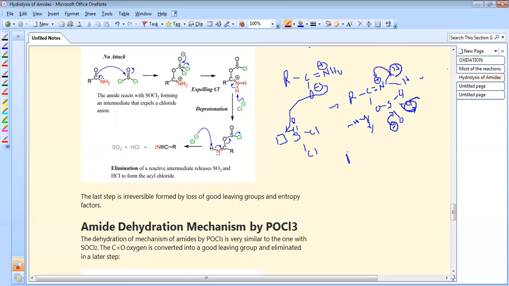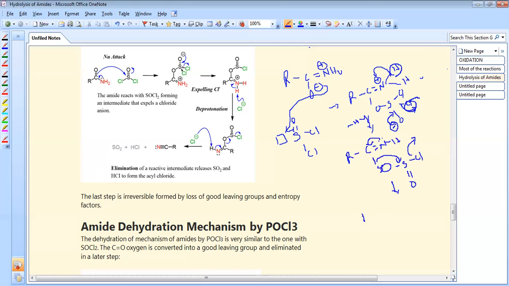Thereby we get R C double bond N H, and this oxygen is attached to S double bond O Cl. In the next step, the lone pair of electrons attacks here, the bond shifts, and it is eliminated as Cl minus.